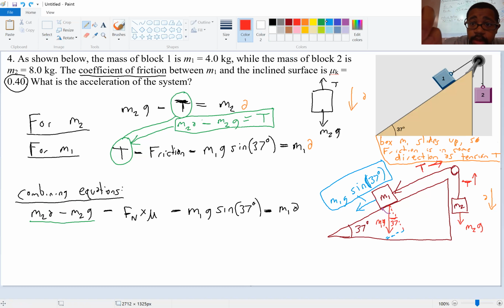Okay, so let's see. So M2G minus M2A, and then let me see, where else do I have that? So M2G minus M2A.